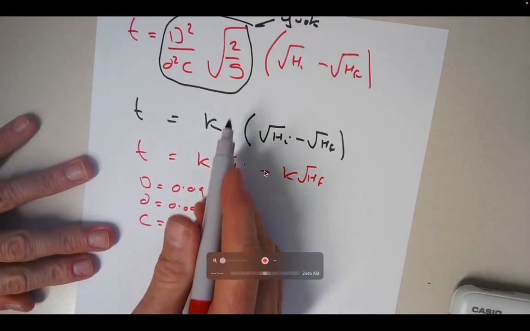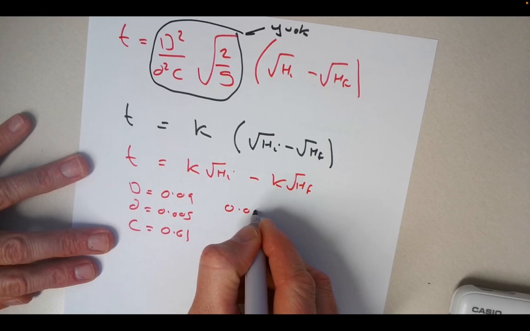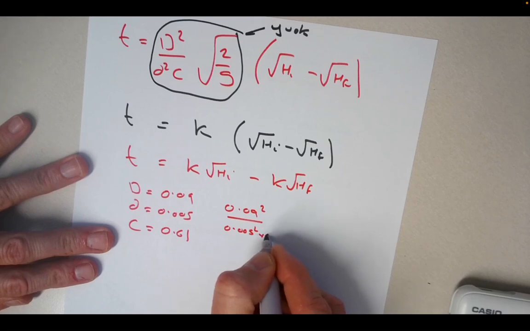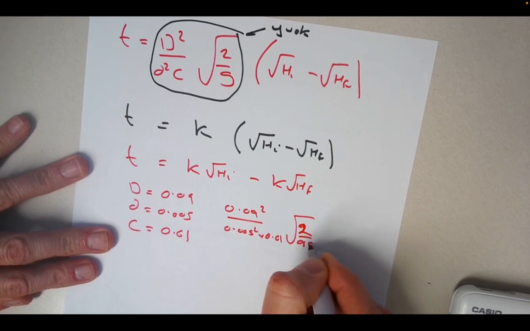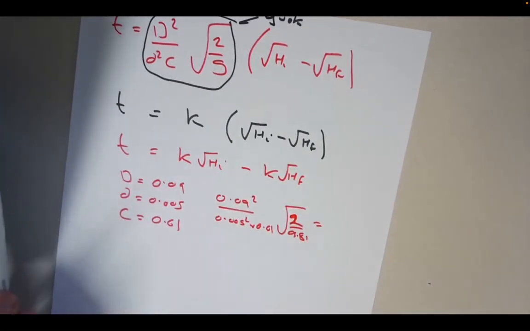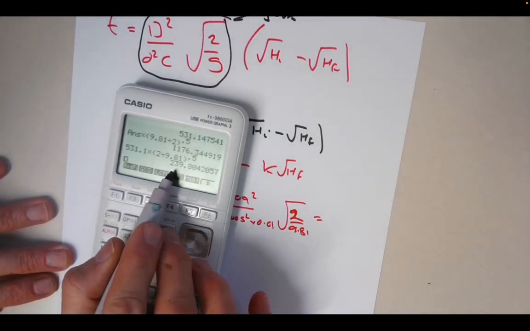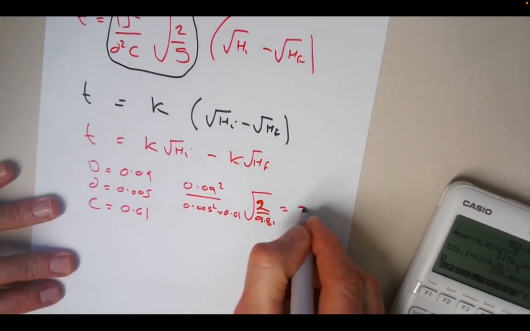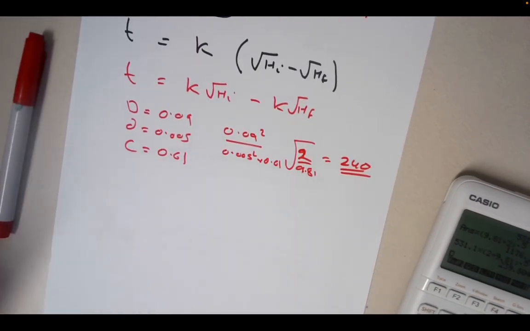Okay, so if we put those numbers into this thing here, so for example, 0.09 squared over 0.005 squared times 0.61, 2 over 9.8. And if you put it on your calculator, you have to trust me here, but out pops this answer, I'm going to call that 240. Out pops 240. Okay, so we're going to come back to this.